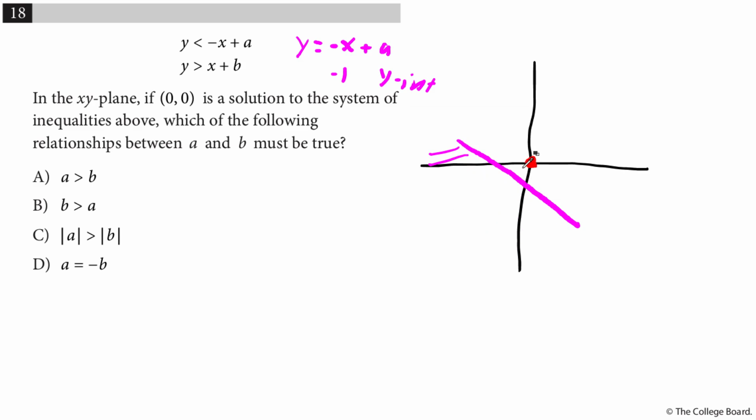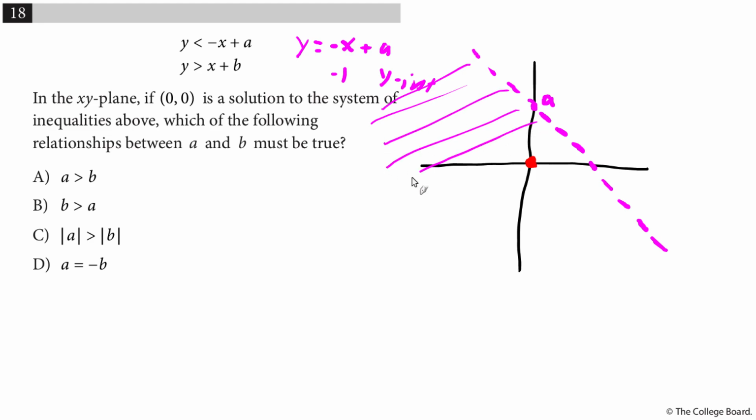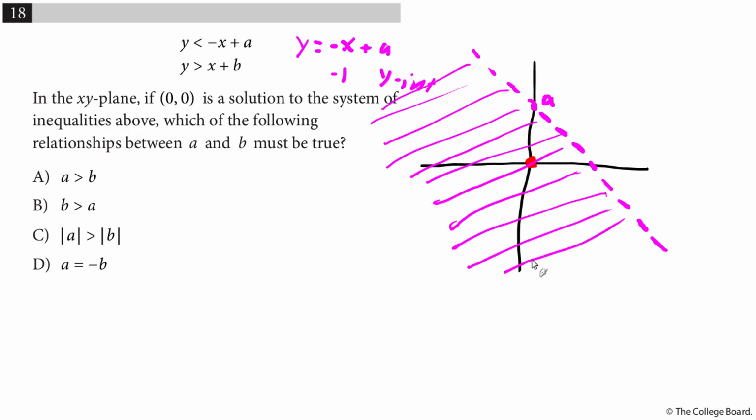So that's not doable. Basically, my A has to be somewhere up here. And so when I graph this, I will get something that looks like this. Dotted because we have a strict inequality, and I'll get the half plane over here. Noticing that (0, 0) is inside this half space.